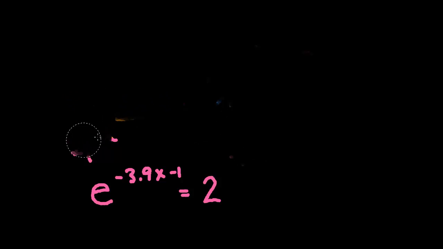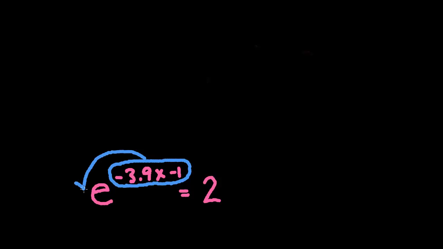Now, normally we have been using logs in order to be able to get these exponents that are up here and move them from being up out of the way to down in front. But when we have an e here, that's a special case. We have something called a natural log. A natural log is written as ln.